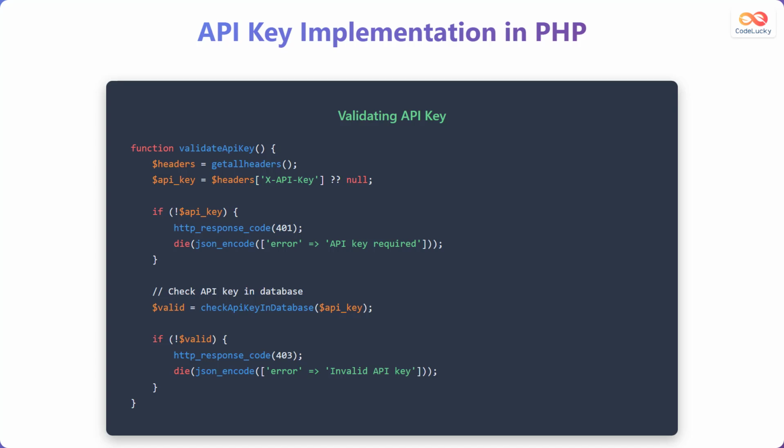If the API key is missing, it sets the HTTP response code to 401, indicating unauthorized, and returns a JSON response with an error message. Next, it checks the API key against the database using the check API key in database function. If the API key is not valid, it sets the HTTP response code to 403, indicating forbidden, and returns a JSON response with an error message.